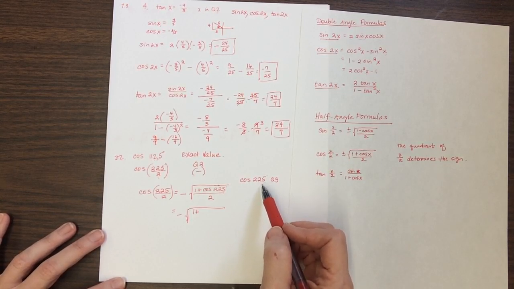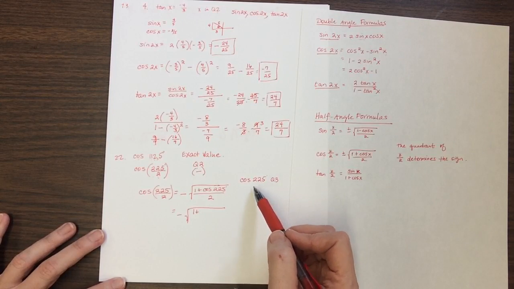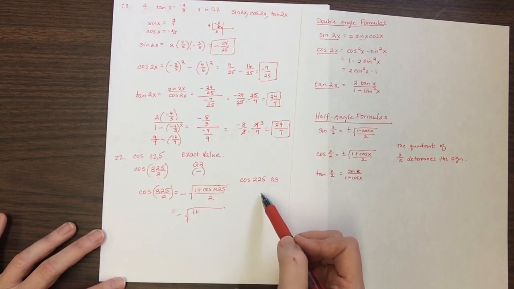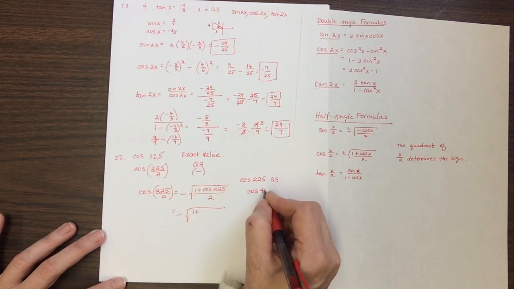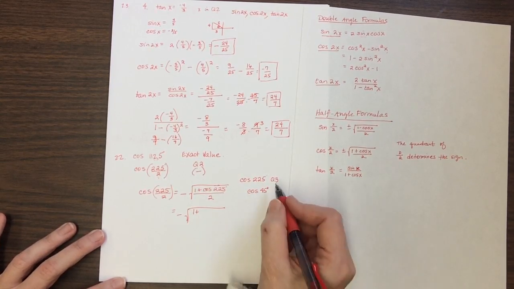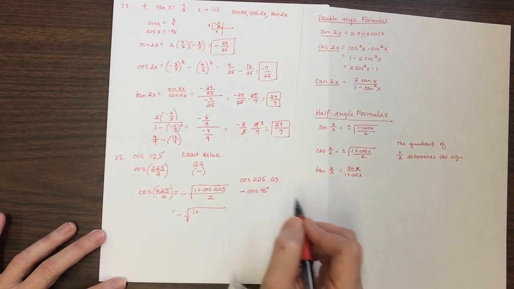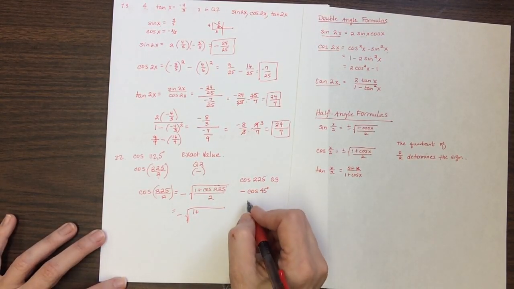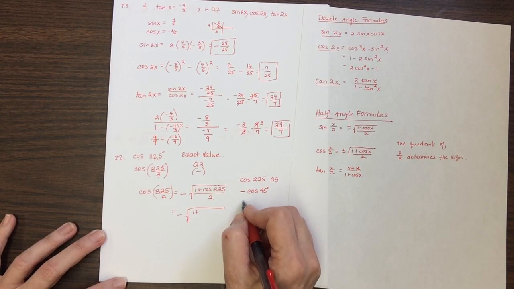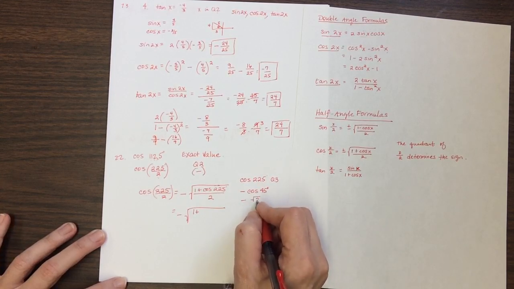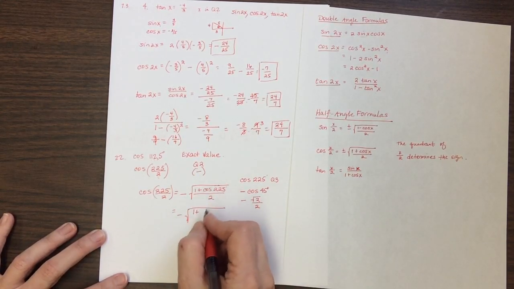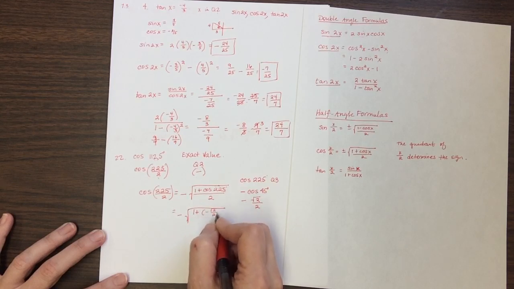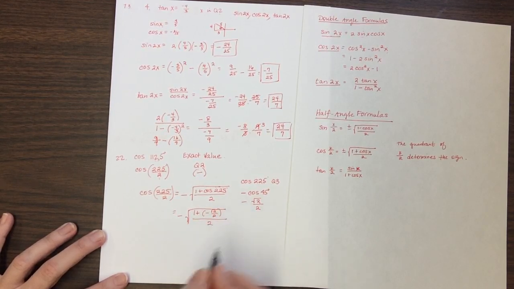That's going to be in the third quadrant, so I'm doing 225 degrees minus 180, so I'm really looking at the cosine of 45 degrees, and I know it's in quadrant 3, so it's going to be negative. These are the values you have to know like the back of your hand, so I'm looking at negative square root 2 over 2. So I've got 1 plus, I found that off to the side, negative square root 2 over 2, all over 2.